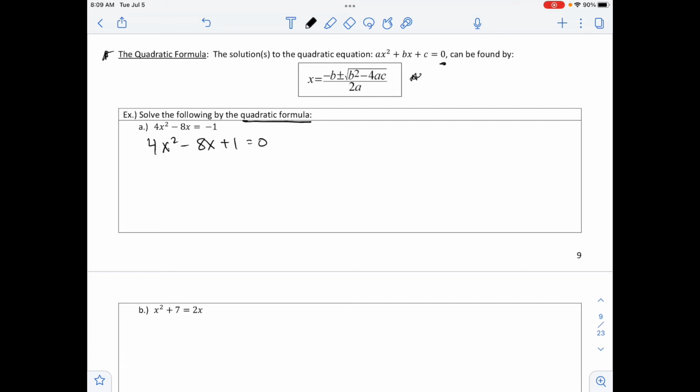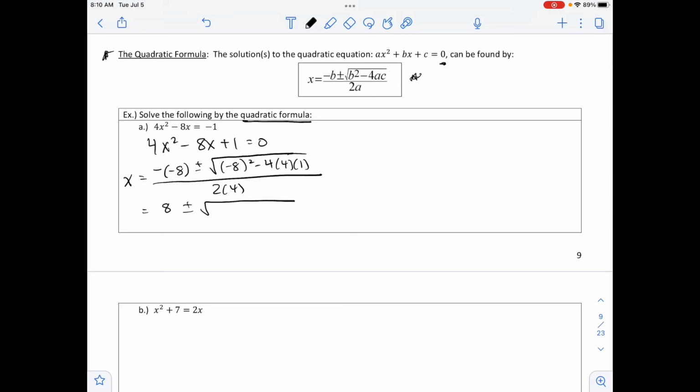And then to find our values of x, we have x equals negative b plus or minus the square root of b squared minus 4 times a times c all over 2 times a. And then just slowly simplifying this, we have negative 8, which would be positive 8, plus or minus the square root of negative 8 squared is 64 minus 4 times 1 times 4, which is 16, all over 8.